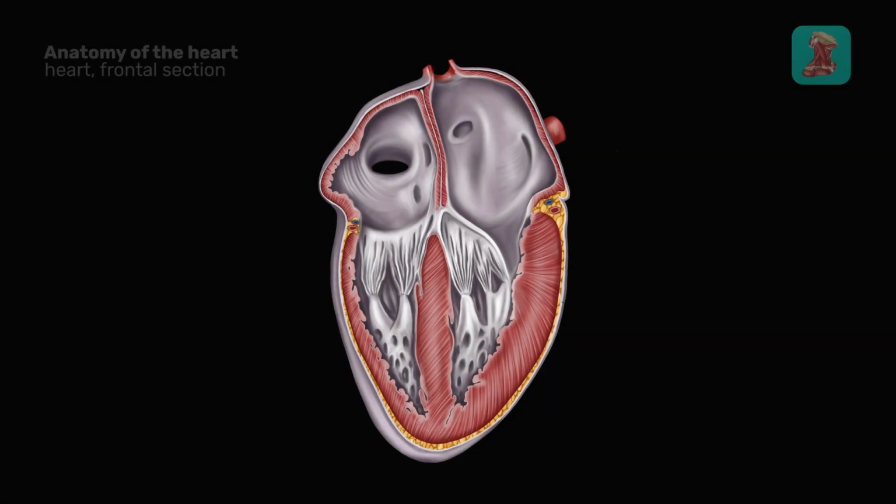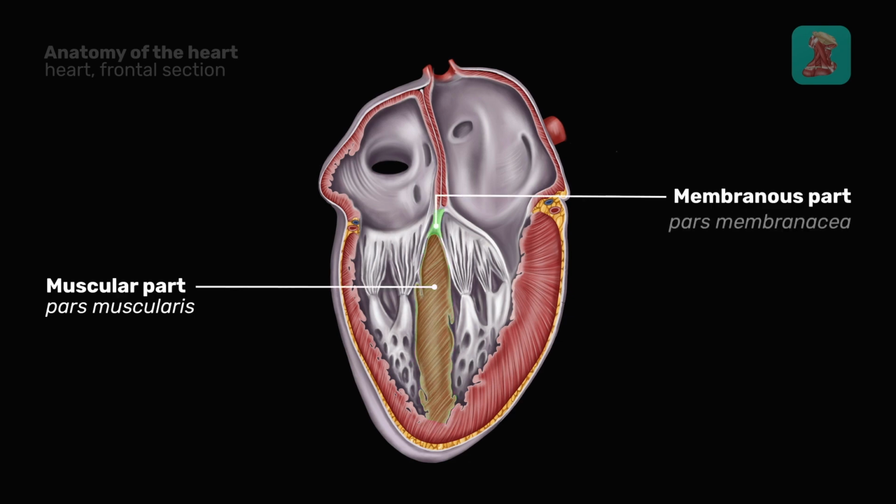The right and left halves of the heart are separated from each other and normally do not connect in any way. There is an interventricular septum between the ventricles which has 2 parts: the muscular part and the membranous part.